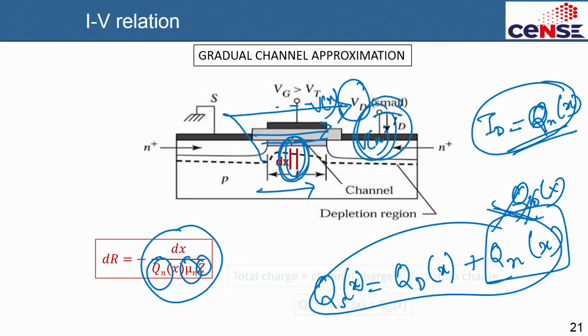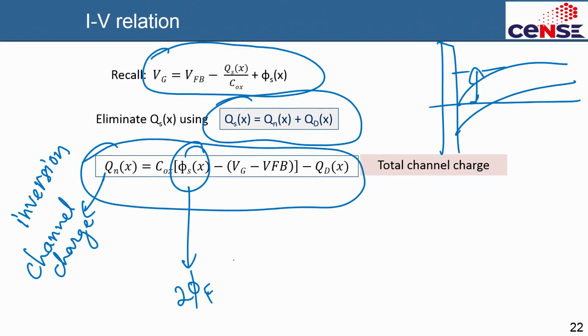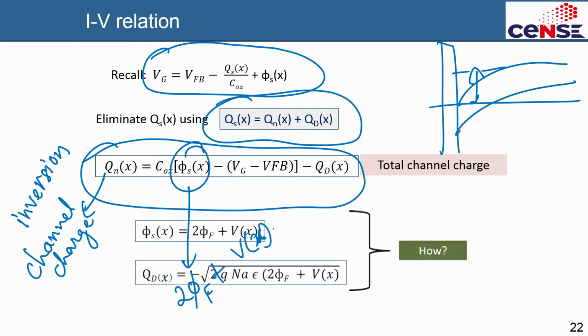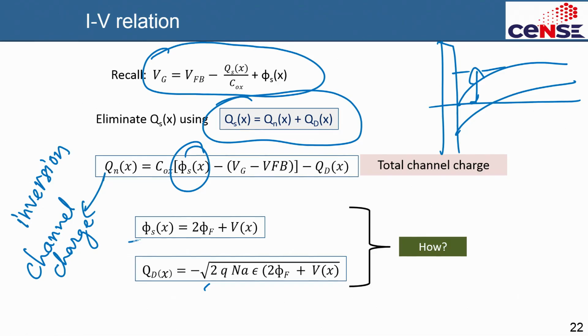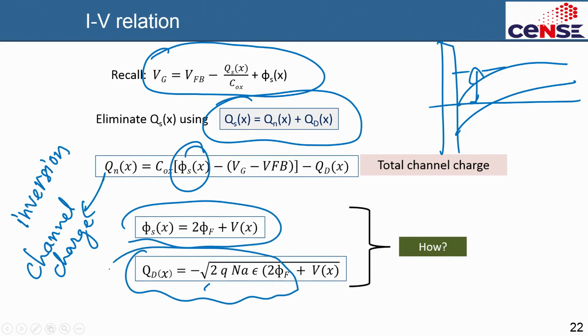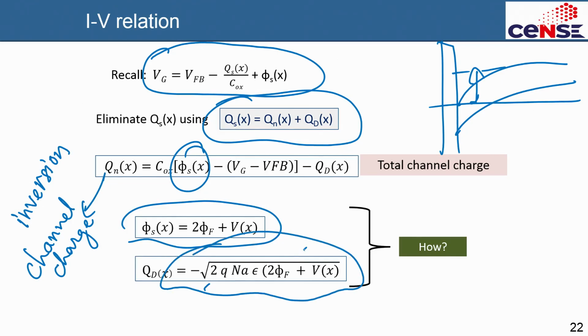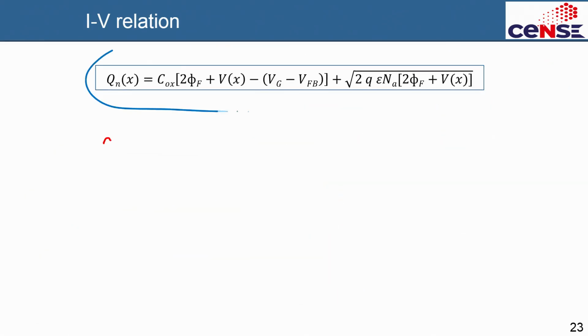So you have to add that also at any point x, it becomes plus V of x. Similarly, the depletion charge was this quantity, but now because there is a V of x there, you have to also add that here. You plug in this and this in this expression, and then you get this mega expression.